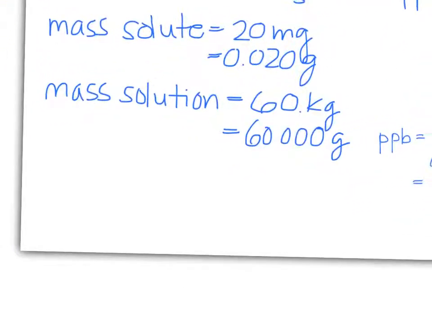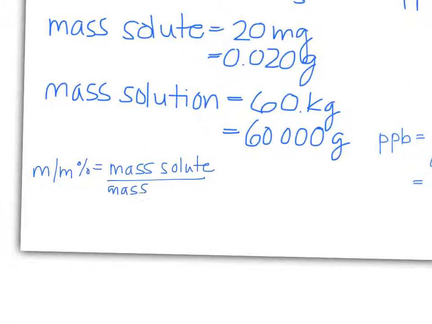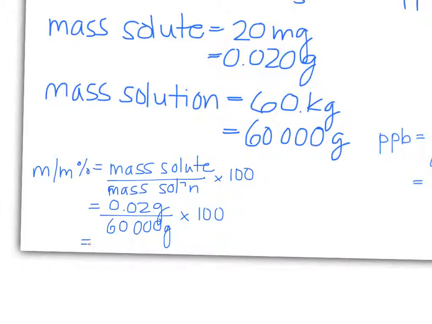So we'll find some space here and say mass to mass percent is going to be mass of the solute over mass of solution. 0.02 grams over 3 grams times 100, and we should get, oh my goodness, how many zeros are there? Just 3, I think. Oh, it's 4.